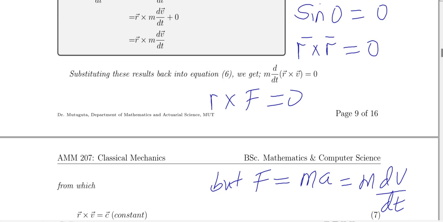In this case, we can write f as m dv/dt. We want to substitute this quantity in this equation here, so that we have r cross m dv/dt.